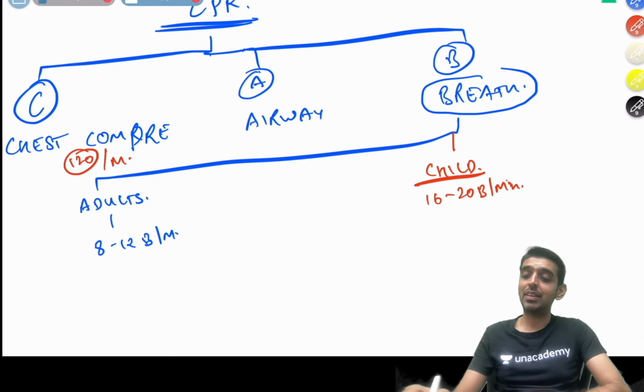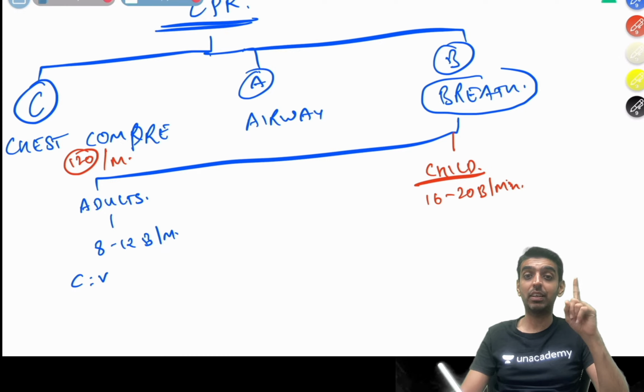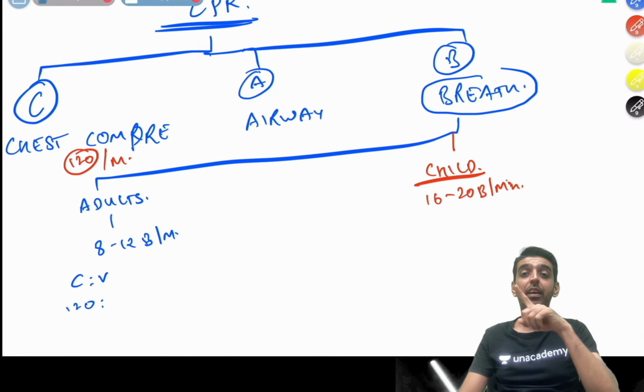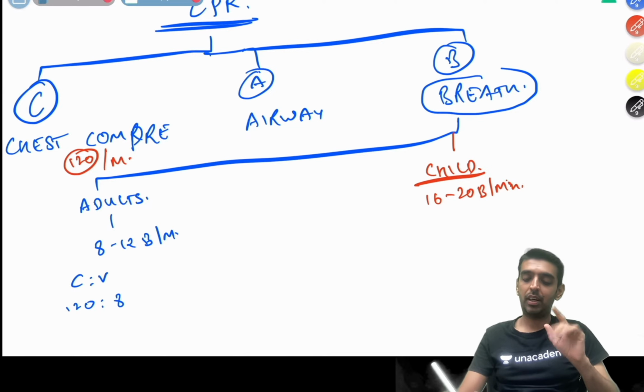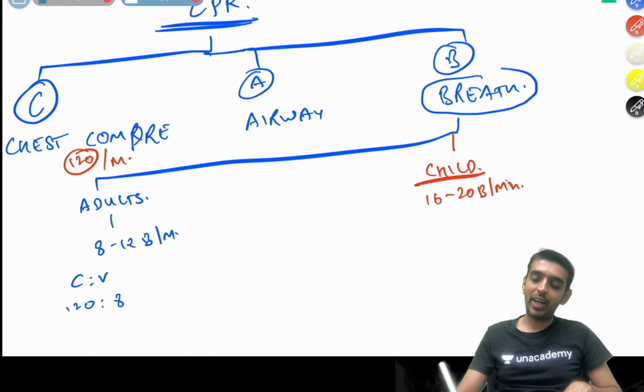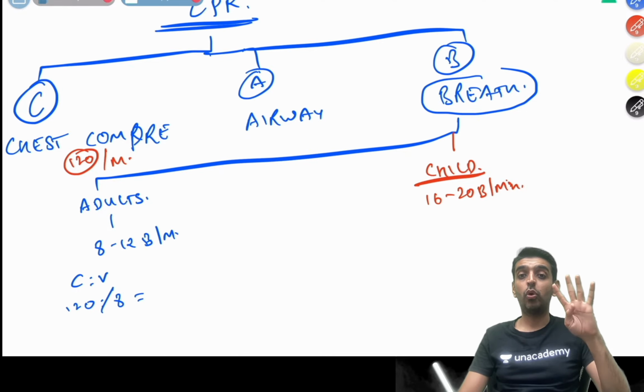So now, what is the CV ratio? Compression to ventilation ratio. How much is the chest compression per minute? 120. How many are the breaths? Around 8 to 12. Let us take 8. If I divide 120 by 8, how much will I get? 4 up and 4 down, I'll divide it by 4.